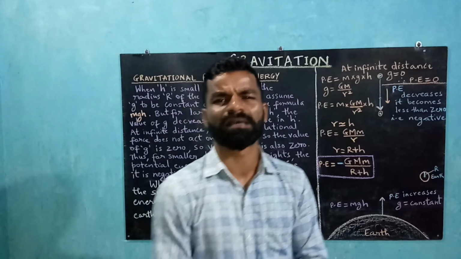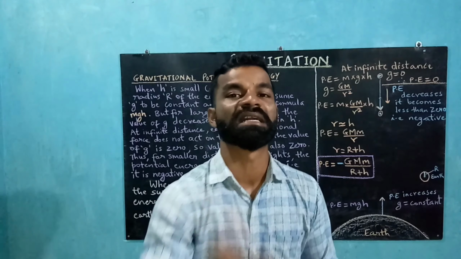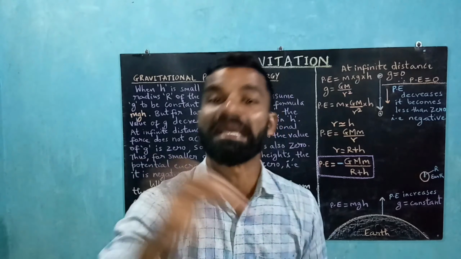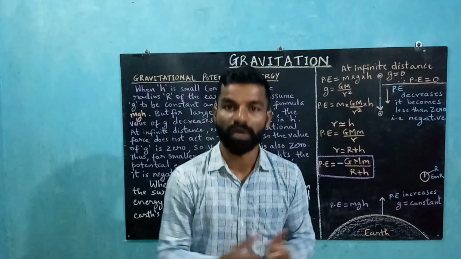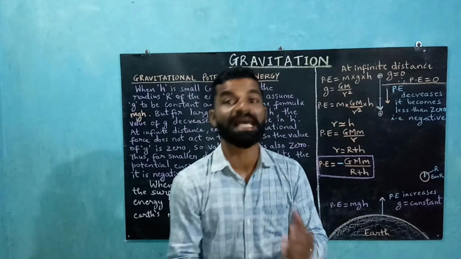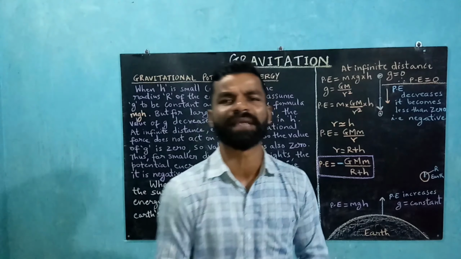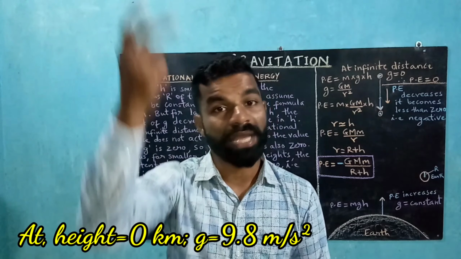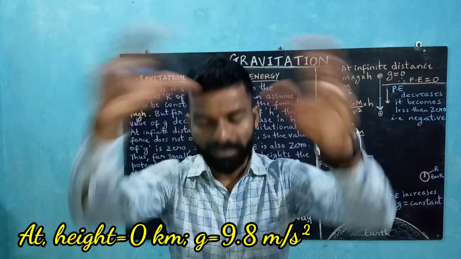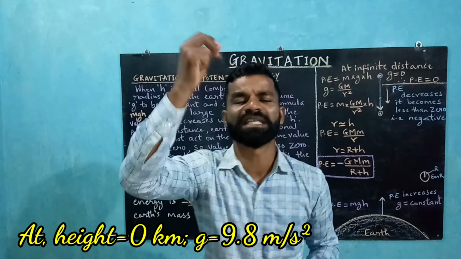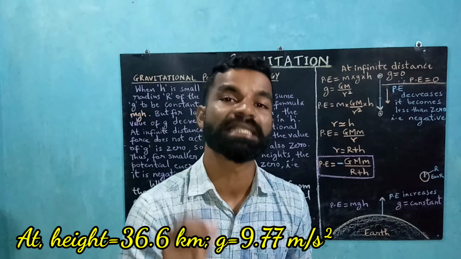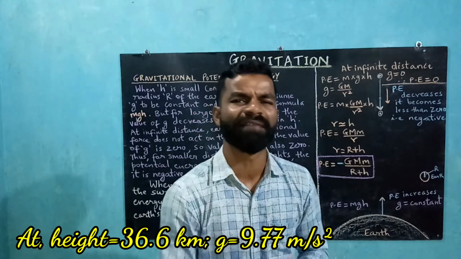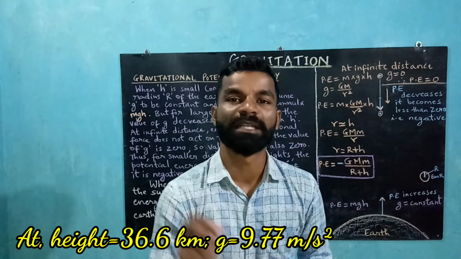Now in the last few parts you studied that as the height increases, g also varies. The value for acceleration due to gravity, the small g, decreases as the height increases. In fact, you had taken a few examples in your last part. A man-made balloon reaches a maximum height of 36.6 kilometers from the surface of the earth, and its acceleration due to gravity is 9.77 meter per second square.